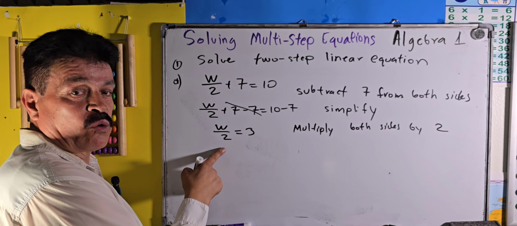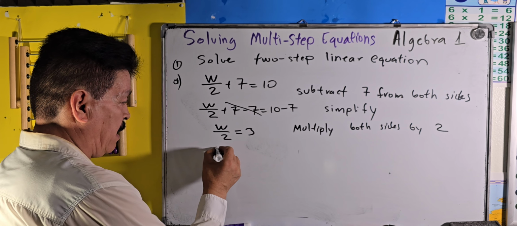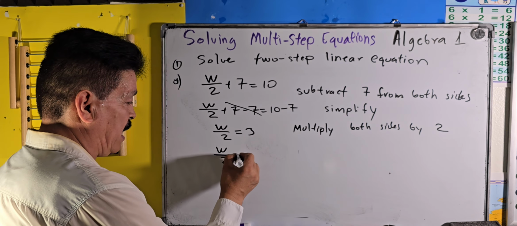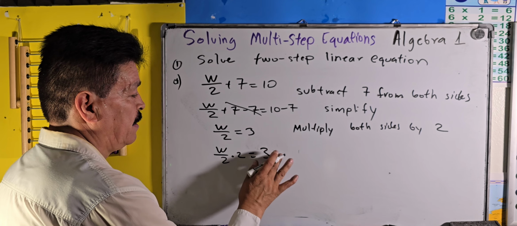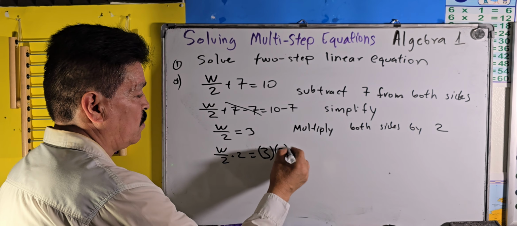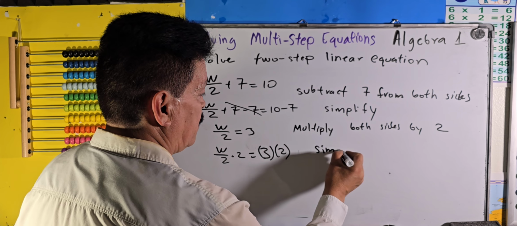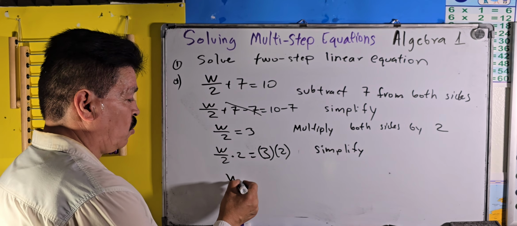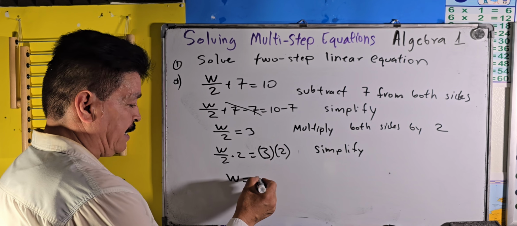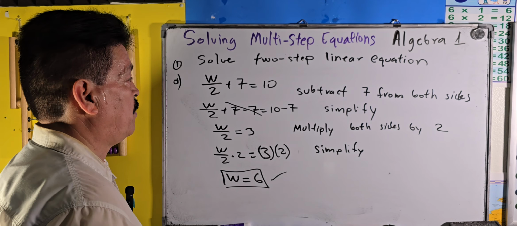Right, now it's a division, so we have to multiply by 2. Now we have W divided by 2 times 2 equals 3 times 2. So now simplify. All right, so our answer is W equals 6. That is the solution to our problem.